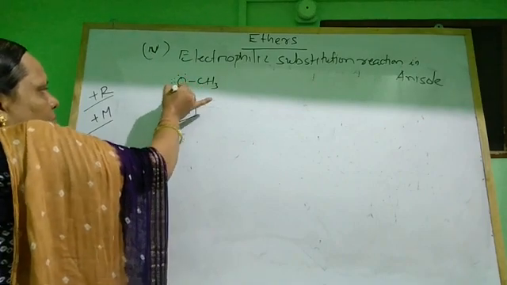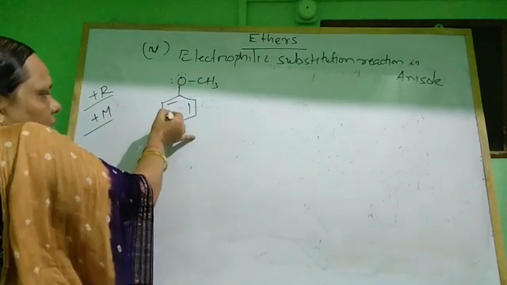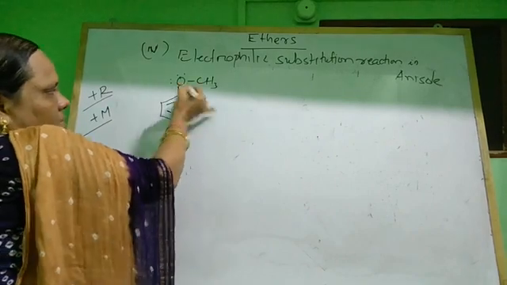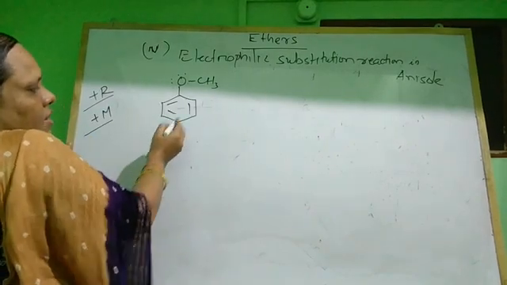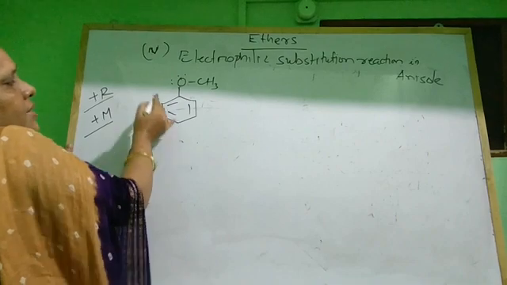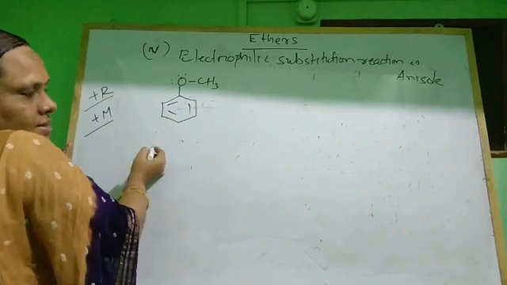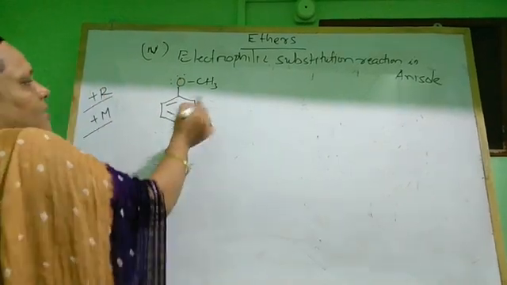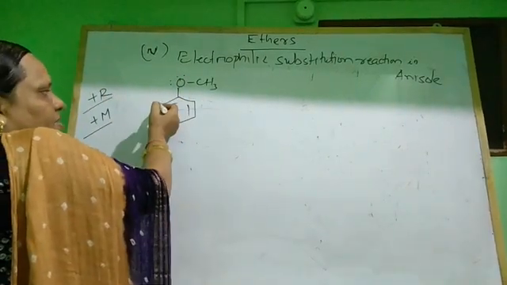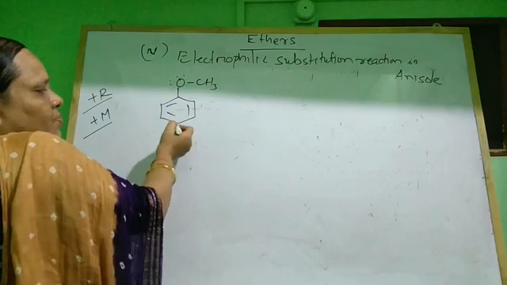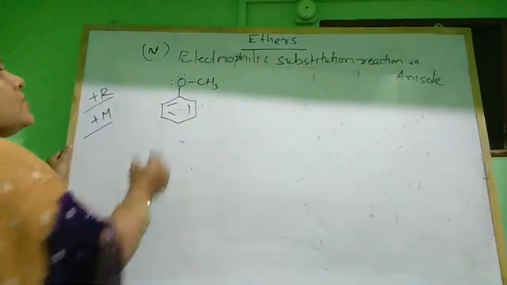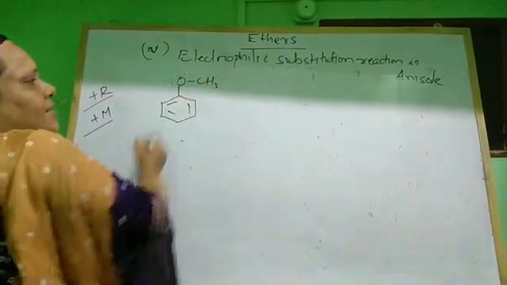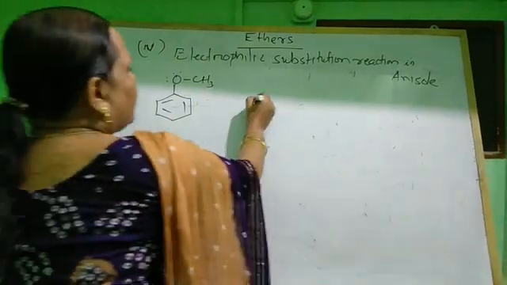So this bond comes here, this comes here, and this bond comes here, this bond comes here. In this at ortho position and para position, the electron density increases. As a result, an electrophile is substituted or preferred to substitute at ortho and para position. So this is your ortho-para directing and ring activating group.